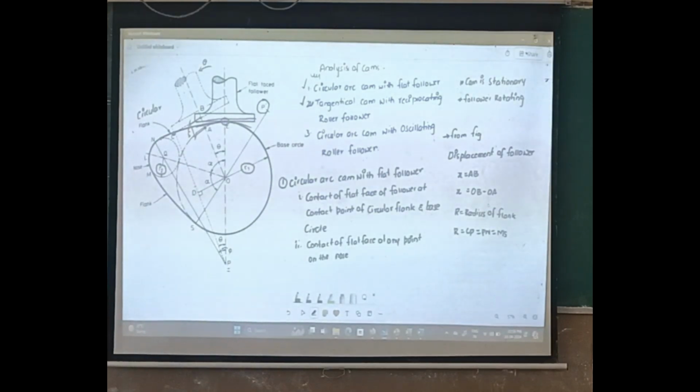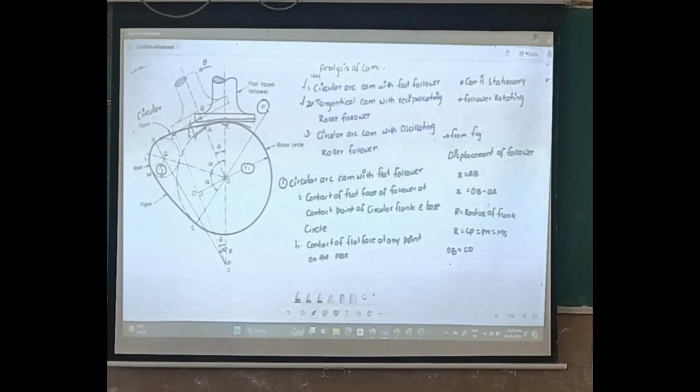Point B, point C, point D, and the point O form a rectangle. So from this rectangle, we can say that OB is equal to CD.